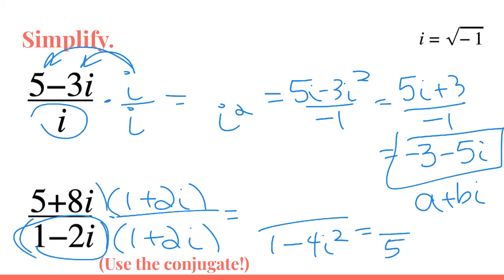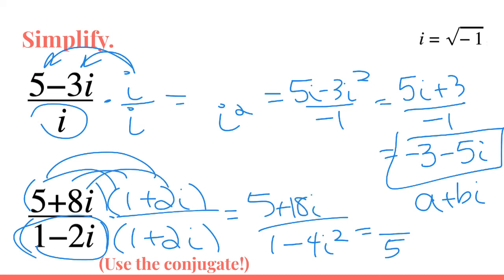Now on the top, you will have to go ahead and FOIL it out, and we get 5. And then we get on the outside 10, on the inside 18, so plus 18i. And then here's where the i squared is going to come out again, plus 16i squared. So 16i squared is really negative 16, because i squared is negative 1. So you combine that with the 5, you get negative 11 plus 18i.